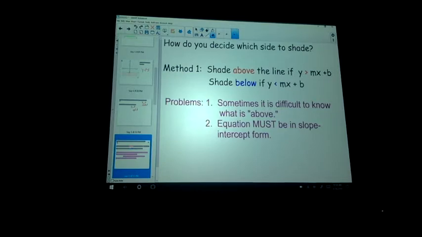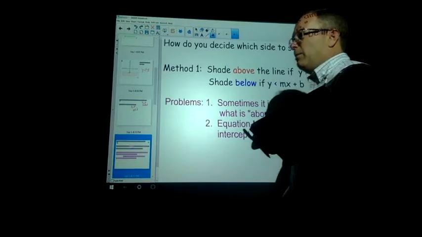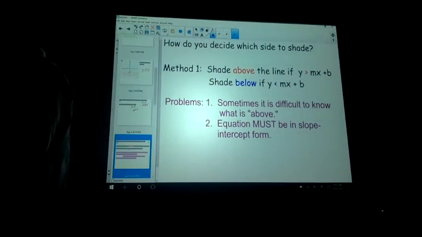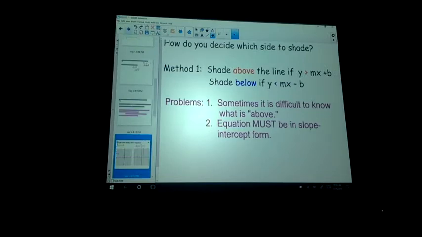Sometimes it's difficult to know what above is. The equation must be in slope-intercept form, so that's y equals mx plus b. Honestly, I think the best way to do this is just pick a quick test point. You find out which region gives you a true statement. A true region is the region you shade. If you can't remember it, just pick a region and shade it. Everyone okay with that?